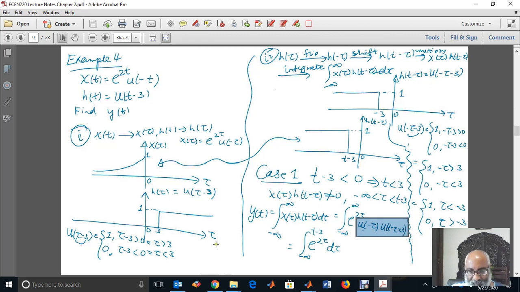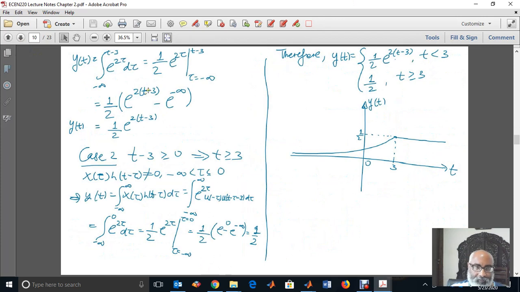So it is the integral from minus infinity to t minus 3 of e^(2τ) dτ, which is equal to 1/2 e^(2τ) evaluated from minus infinity to t minus 3. So it will be e to the power of 2(t-3) minus e to the power of minus infinity. What is e to the power of minus infinity? This is 0. So the result will be half e to the power of 2(t-3). This is for t less than 3.